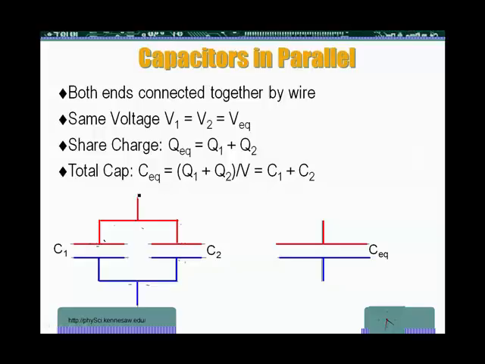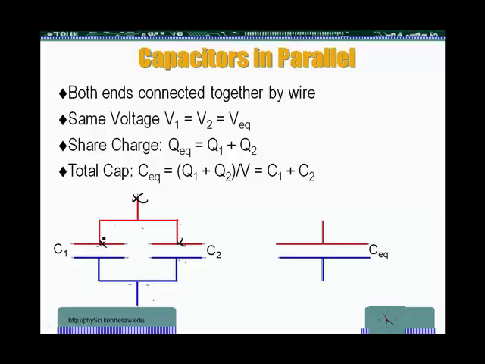Now, since we don't have any device from here to here or from here to here, we can say that the voltage across all that red line is the same, and the voltage across all that blue line is the same.